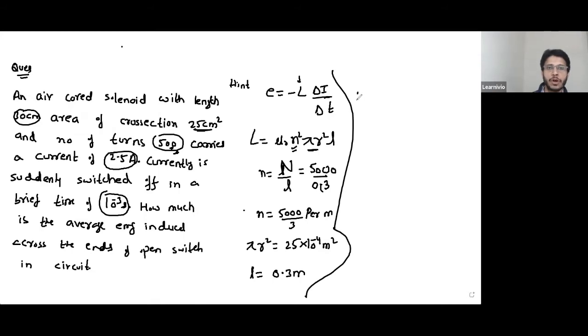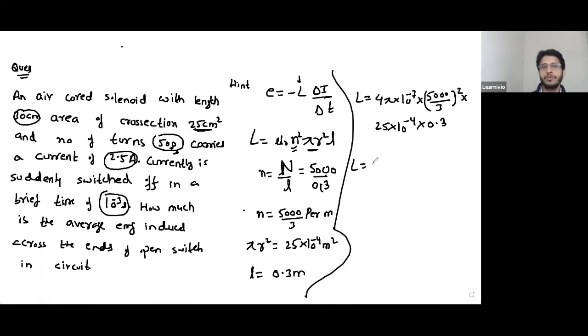So if I substitute all values here, your mu naught comes out to be 4 pi into 10 raised to the power minus 7. It's n square, so that's 5000 by 3 square, into pi r square, which is 25 into 10 raised to the power minus 4, multiplied by L, which is 0.3.